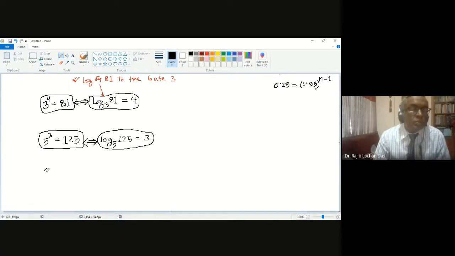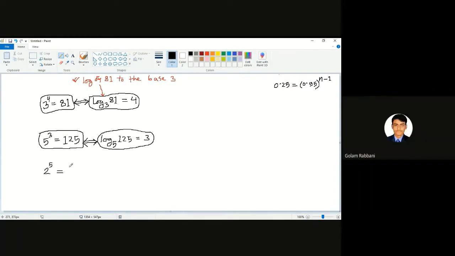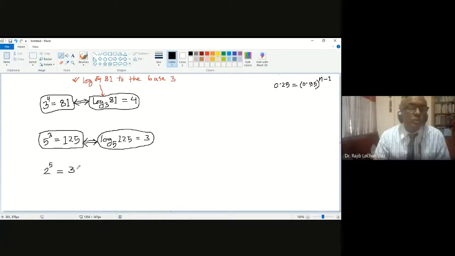Say 2 to the power 5. What is the value of 2 to the power 5? 32, sir. So 2 to the power 5 is 32. You already understand how it comes, and the same fact you can write with log.